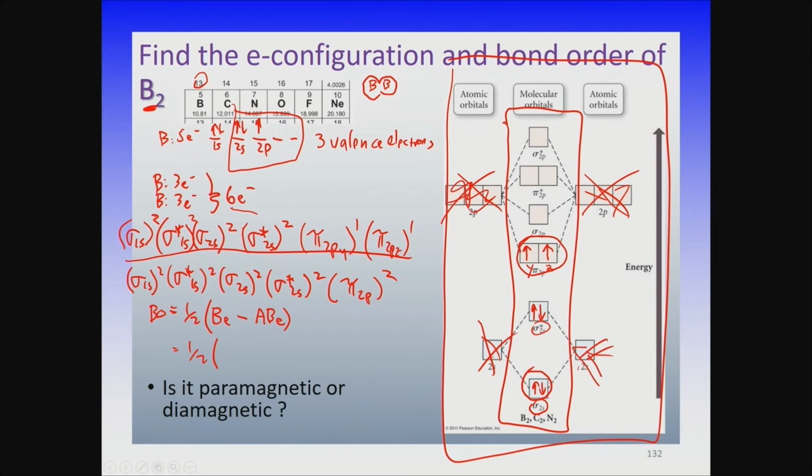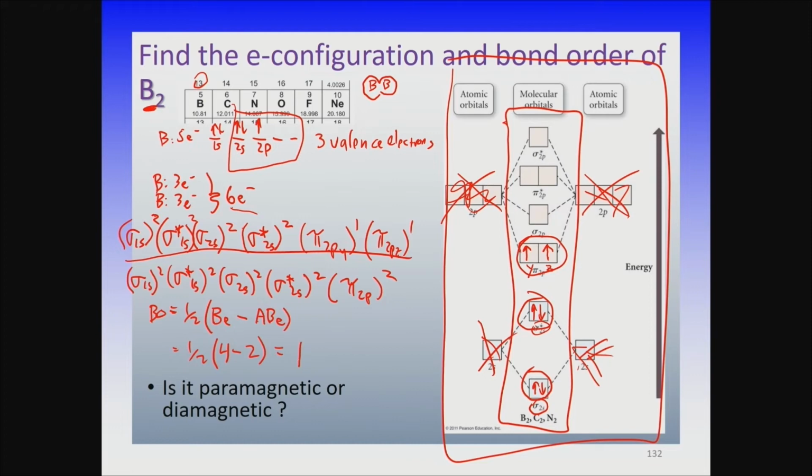So we have a total of 4 bonding electrons. Now, how many antibonding electrons do we have? The antibonding electrons are the ones in the antibonding orbitals, so we have 2 electrons here in this antibonding orbital, which I'm circling now. So it's 2 there, and that's it. If you do this calculation, you'll find that the bond order for the B2 molecule is 1.